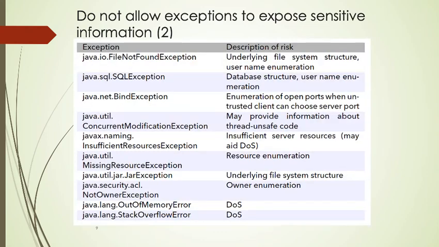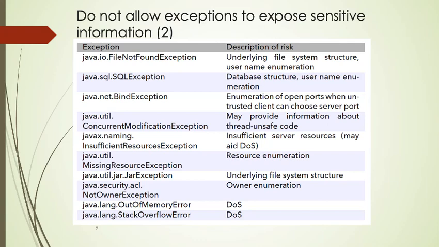And here is a helpful list of exceptions and some descriptions of the vulnerability that they expose if not handled correctly. So for example, if the program throws an SQL exception that just gets straight to the user, that might include some information to potential attackers about the database structure, username enumeration, and other vulnerable spots.